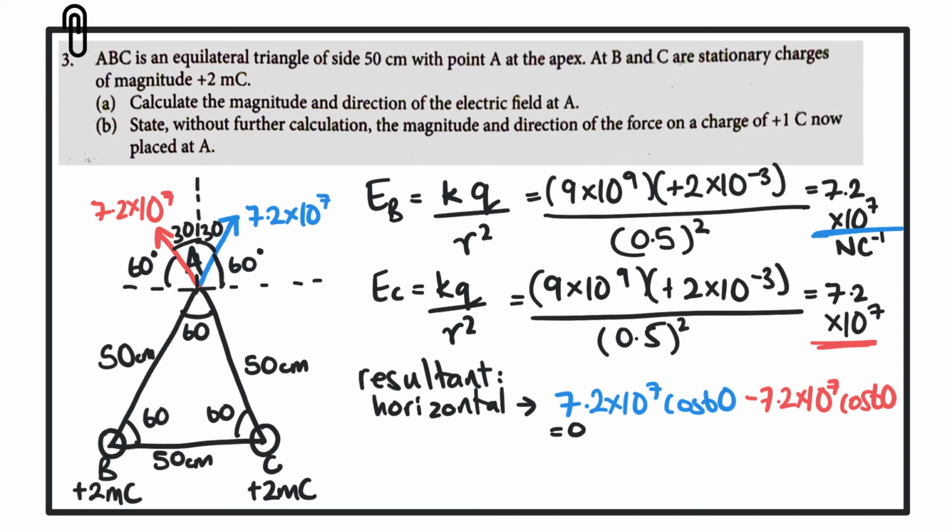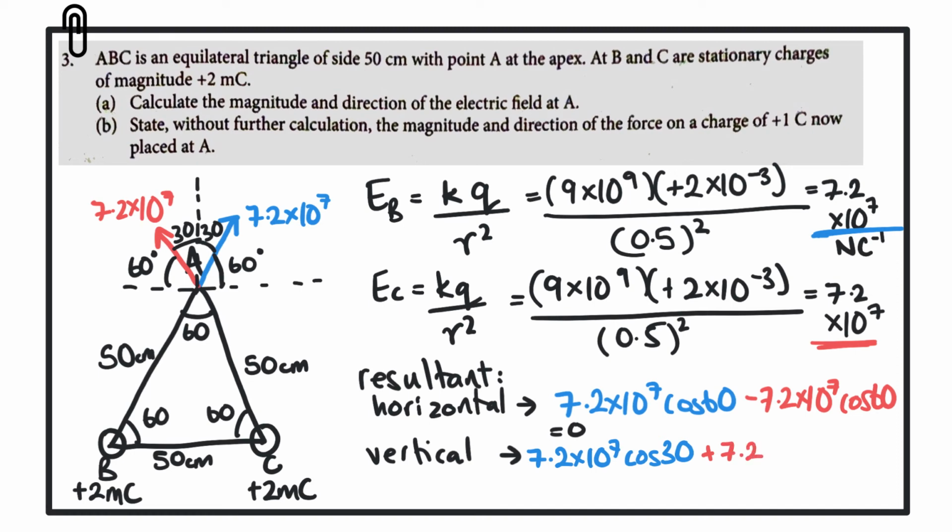So that equals 0. If we look at the vertical, well then we have to work out the vertical components of each of these field strengths. So if we take the one in blue, first of all, we have 7.2 by 10 to the power of 7 cos 30, and that's resolving it into the vertical. Well, if we look at the other force, since it's also acting upwards, then we're going to add that on.